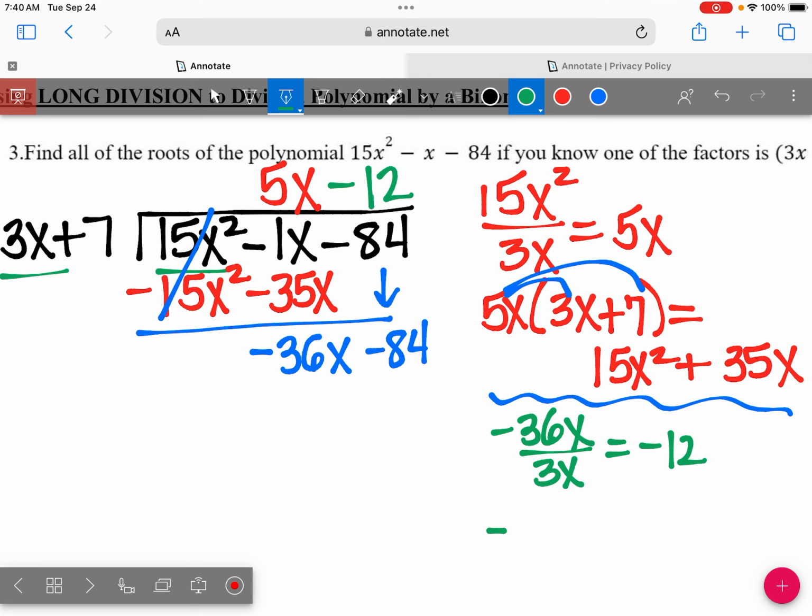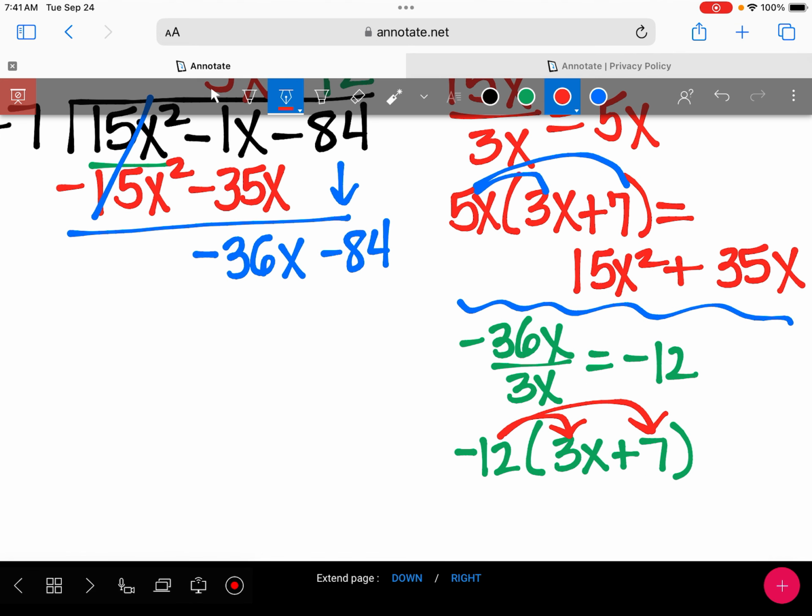Step 2, take that negative 12 and multiply it by the 3x plus 7. So we're going to distribute and distribute. Take negative 12 times 3, and then negative 12 times 7. Go ahead in a minute, put that in your calculators, and see what you get.